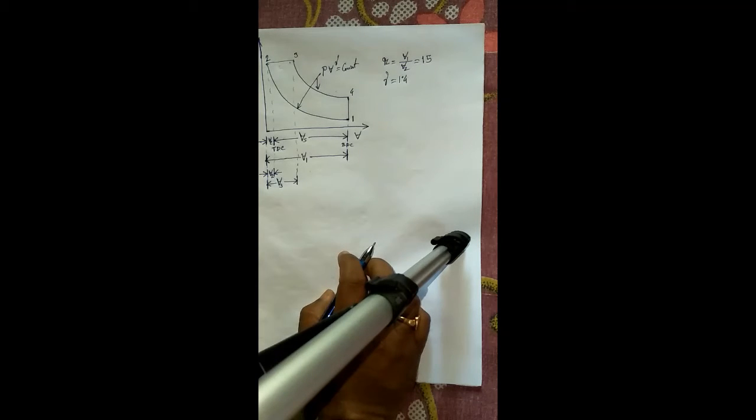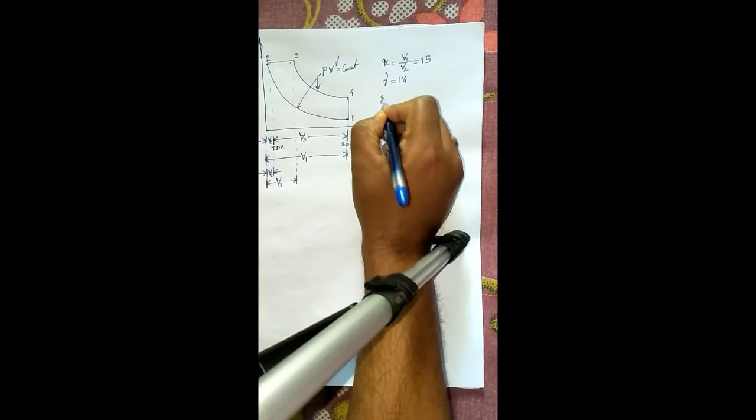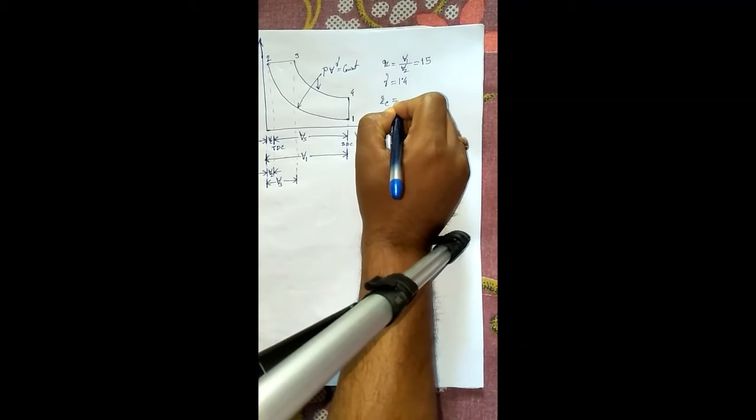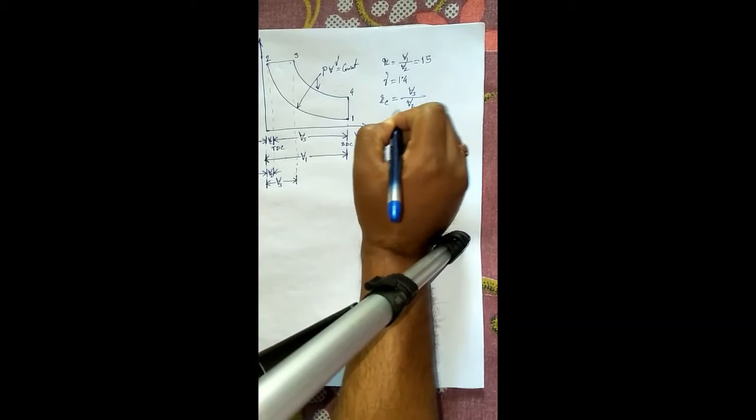In the question they have said that the heat addition at constant pressure takes place at 6% of the stroke. So the cutoff ratio rc is equal to V3 by V2.